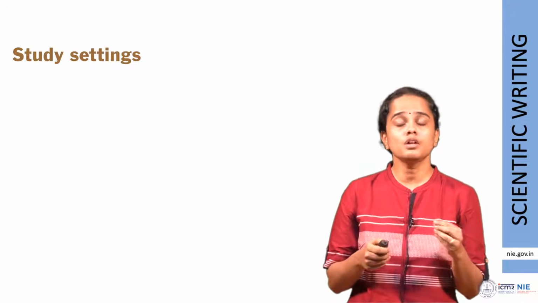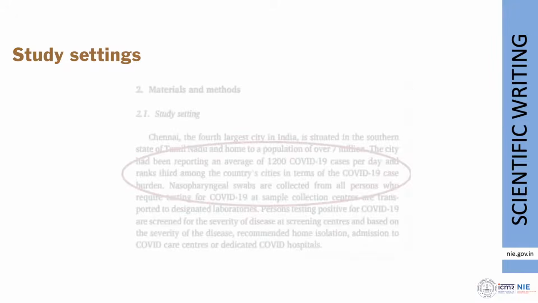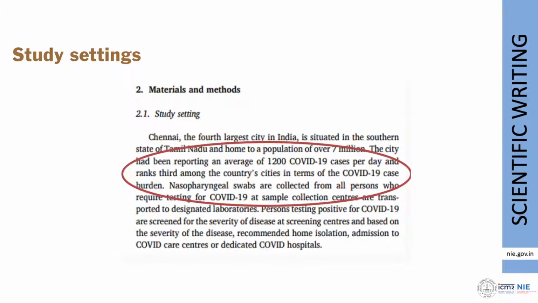If you look into the article that I've shared with you, here we have introduced the reader to the study setting, which is in Chennai. We have given them a quick background of where Chennai is, whether it is a city or a village, is it an urban setting, and whom are we talking about. In this study, we are talking about persons who came for COVID-19 testing.